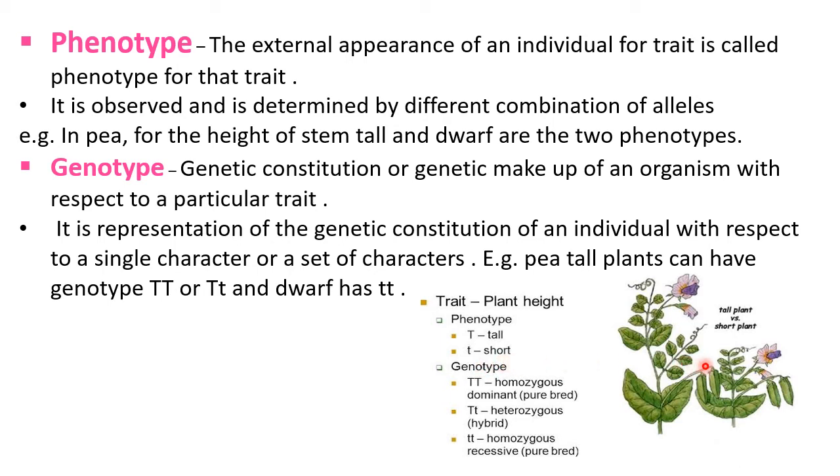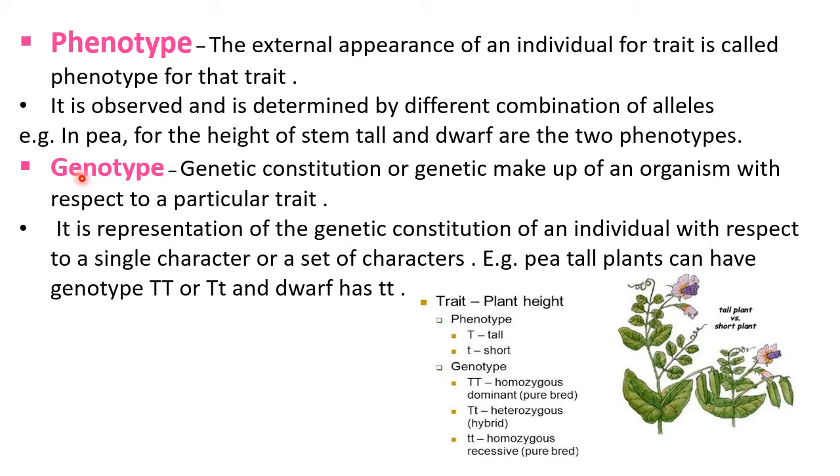Hence, we see two different pea plants having different heights. One is tall and one is short. This appearance of the plant is called the phenotype. Phenotype means the external appearance of an individual. So externally, of the pea plants, one is tall and one is dwarf.